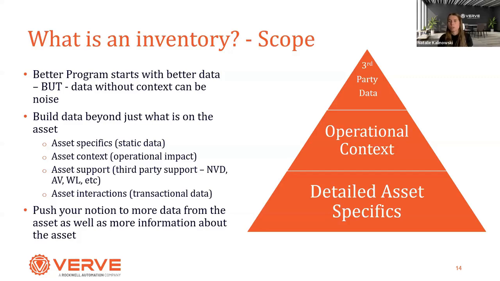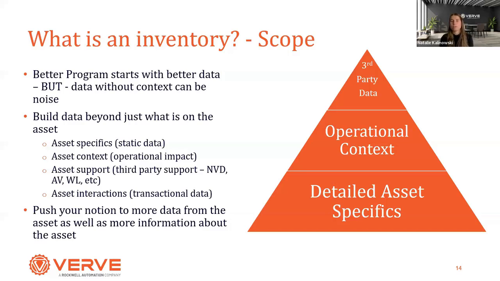Is it a PLC or a switch, or is it a sensor? We want to start considering the operational context that these devices have and what impact they might have. Like, do they have network dependencies, or are they involved in the safety of on-site employees?